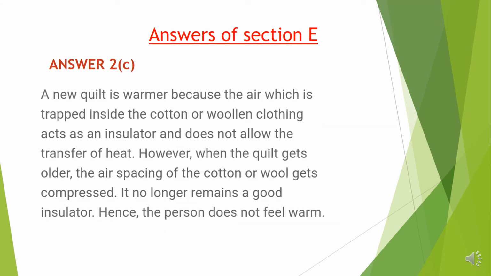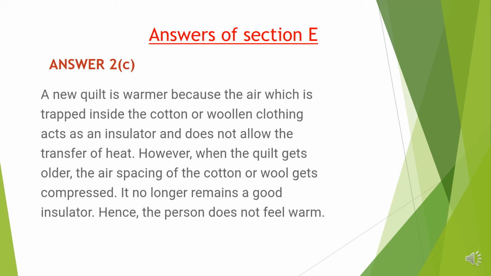Question number 2C is, why a new quilt is warmer than an old one? This we all might have felt, that a new quilt gives more warmth than an old one. The reason for it is, a new quilt is warmer because the air which is trapped inside the cotton or woolen clothing acts as an insulator and does not allow the transfer of heat.